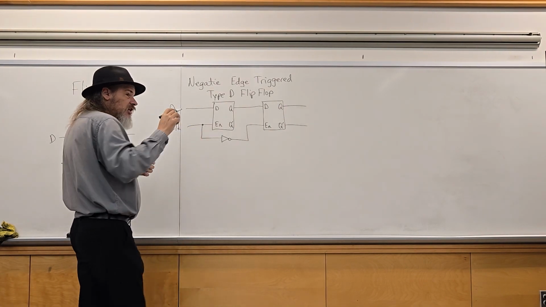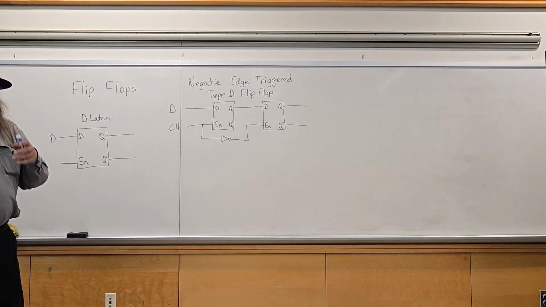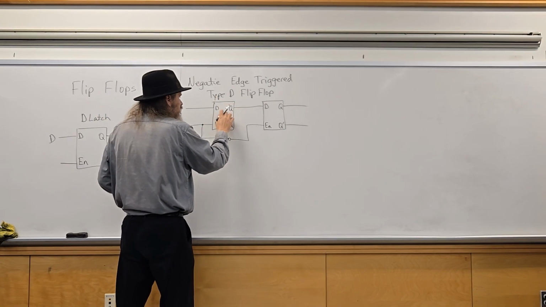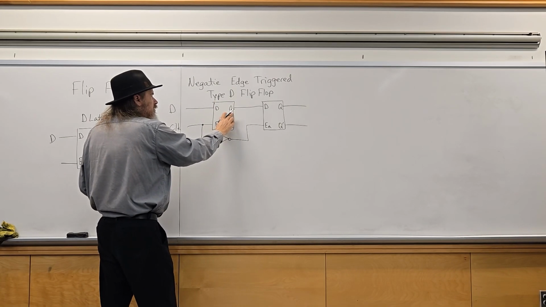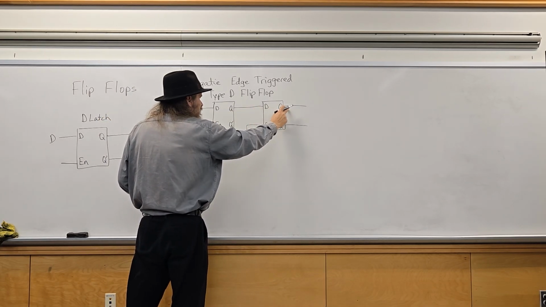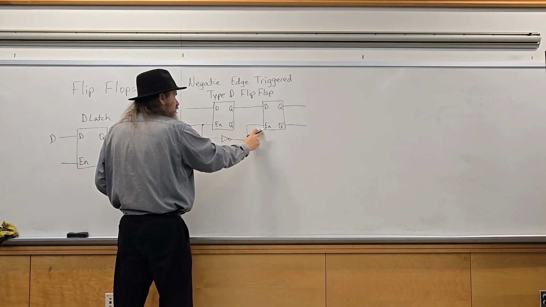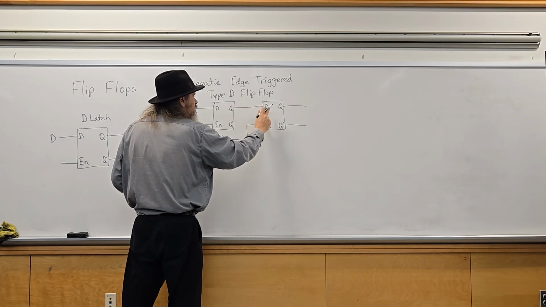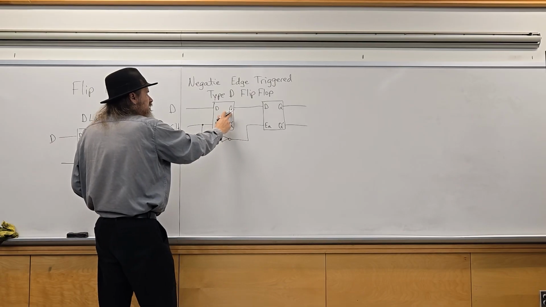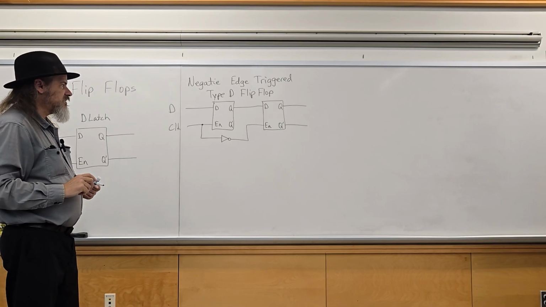When the clock goes low, or hits the negative edge of the clock signal, it latches Q here on the first latch, and then makes that high here for the enable on the second latch. So Q will follow D, which is the last output of the Q of the first latch.